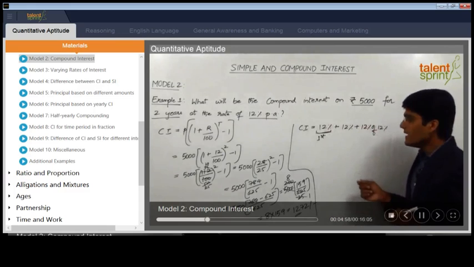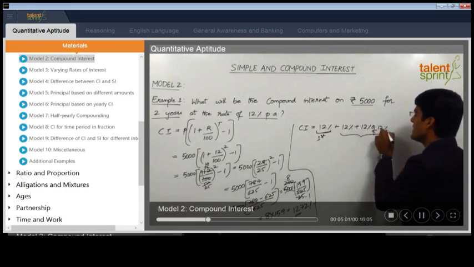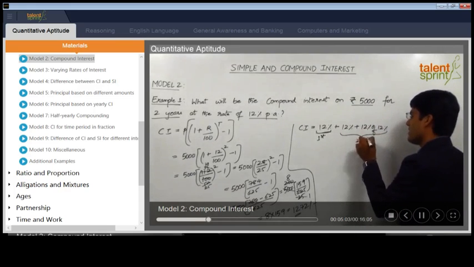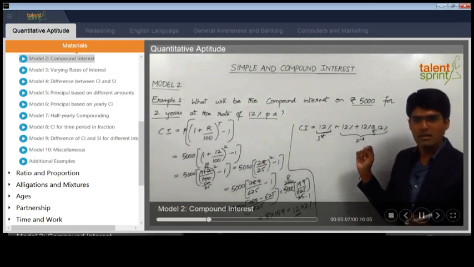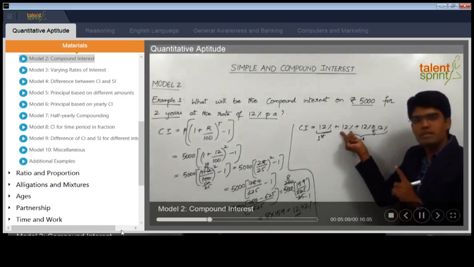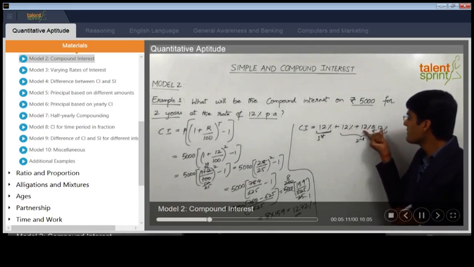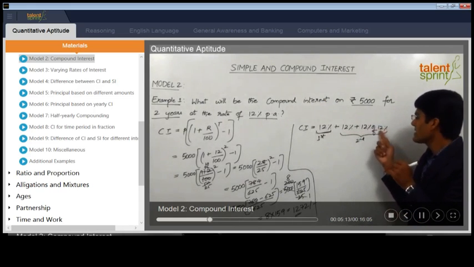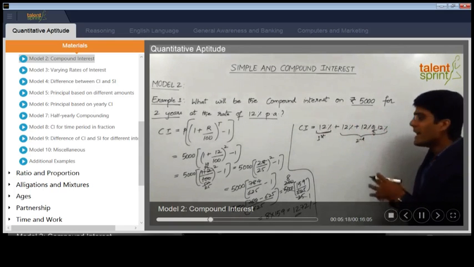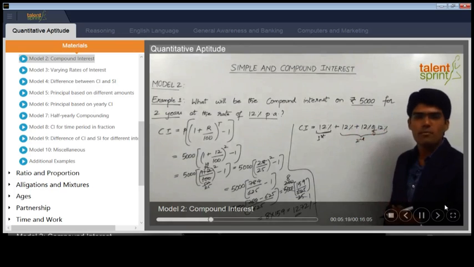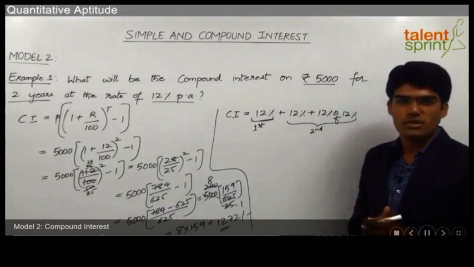So as you can see here, this is going to be the total interest for second year. So in the first year we get only 12%, that is on principal, and in the second year we get 12%, which is again on principal, plus 12% of 12%. Understand, this 12% here is nothing but the interest of first year. So by adding this, we can get the total compound interest for 2 years.